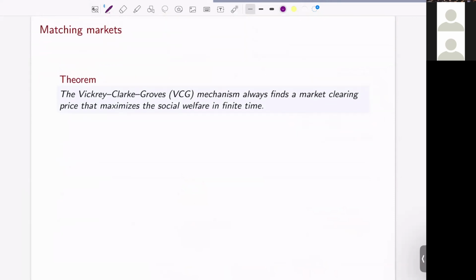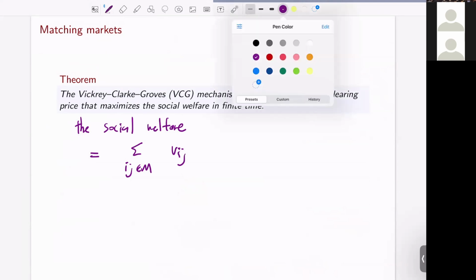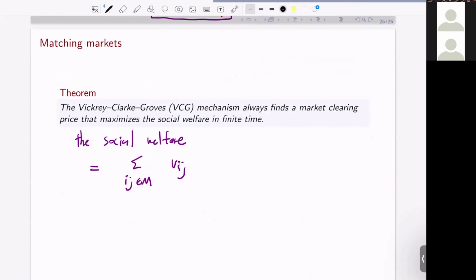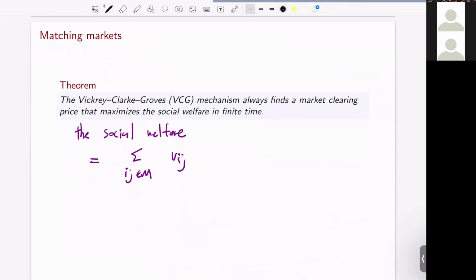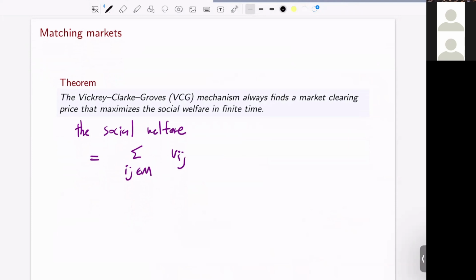And I think now the last part is the social welfare. We proved that this is the assignment, the weight of this thing. All right.